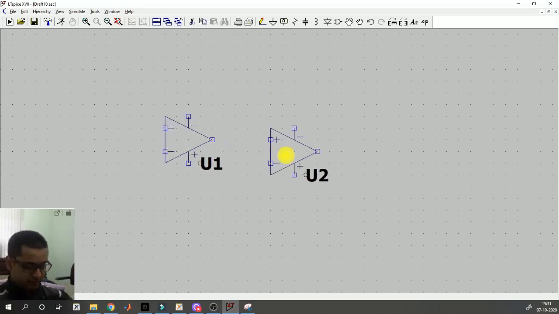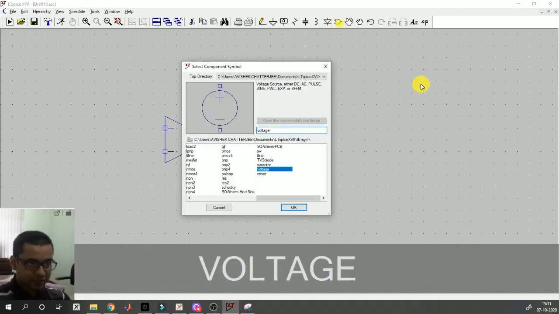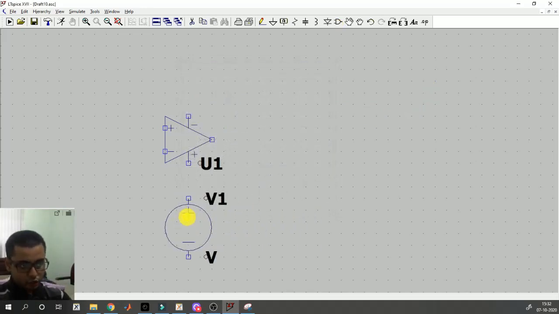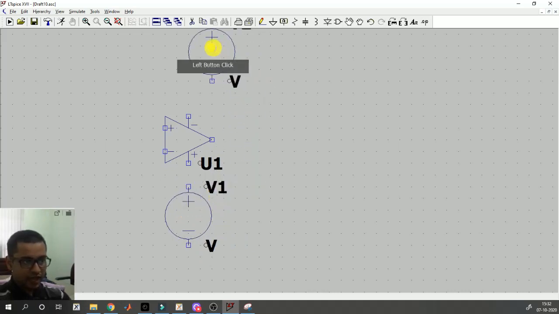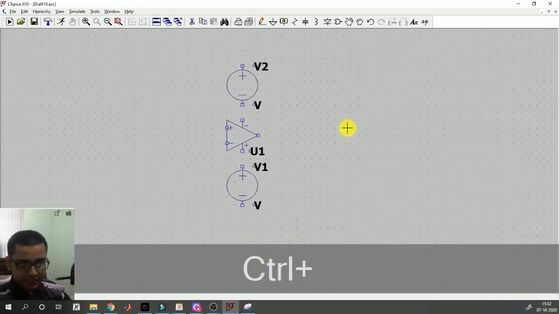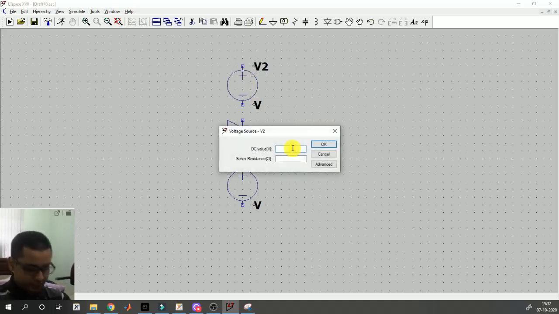Now I need two voltage sources as the power supply of this op amp. So I will go to the components and search for voltage, and I will pick this voltage source. I need two of them, 1 and 2, and then I will right click on these sources and set the voltage to 15.